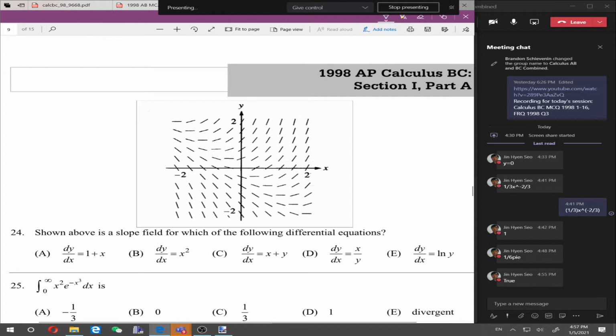Horizontal lines. Okay, so for all of these horizontal lines, our slope should be equal to 0. So right now our slope is 0. dy/dx equals 0 if our x value is equal to our negative y value.